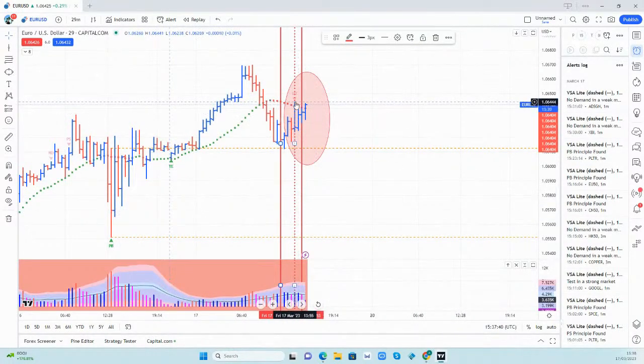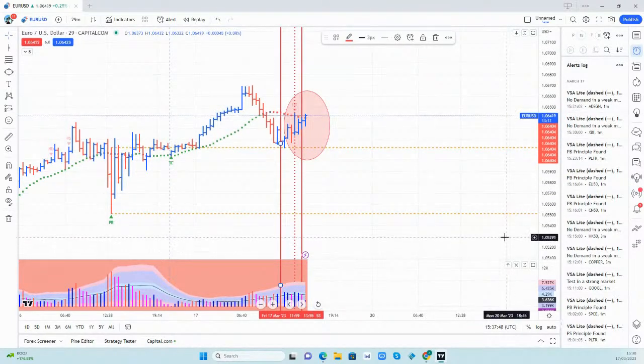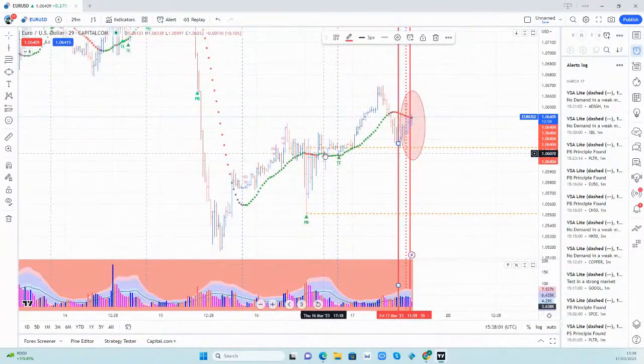There is an uptrust on my 29 minutes, wasn't confirmed. Where am I? I'm above the trigger line on the 29 minutes chart. So only on one chart I'm above. On the majority of the charts, I'm below.